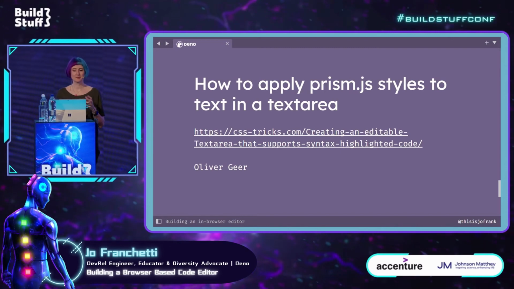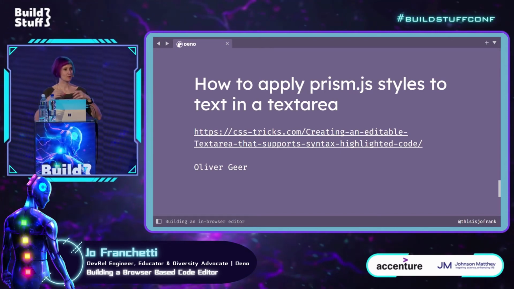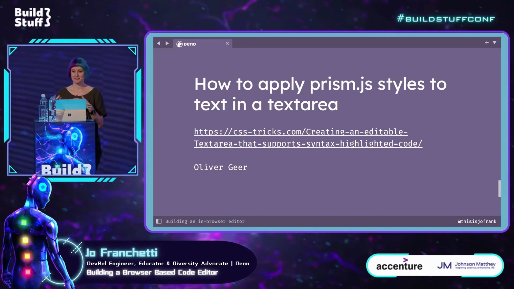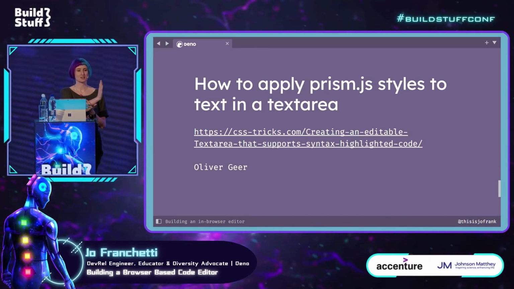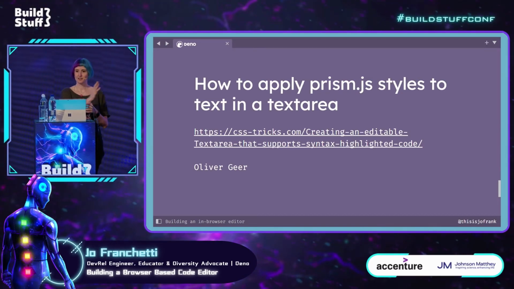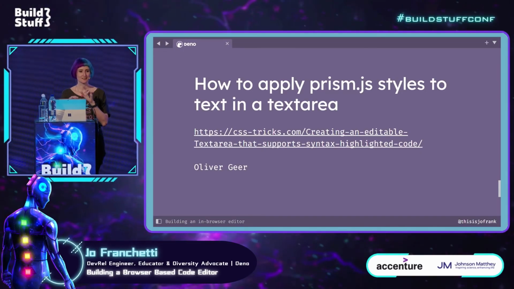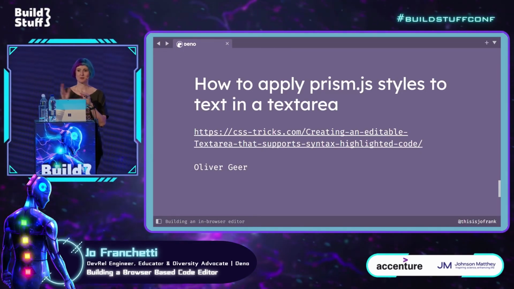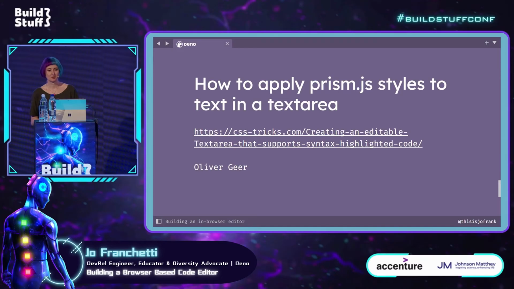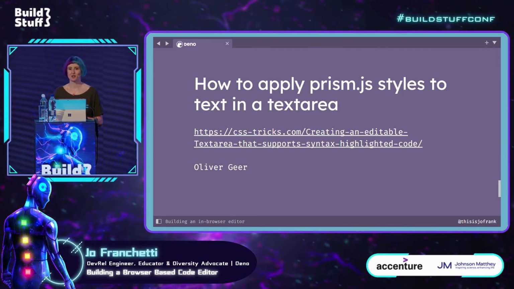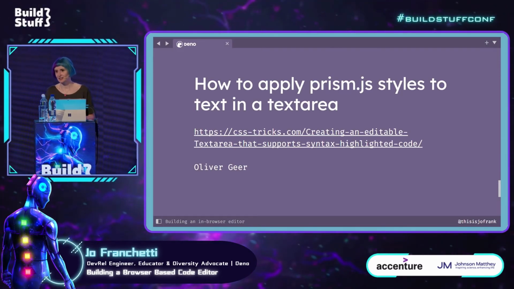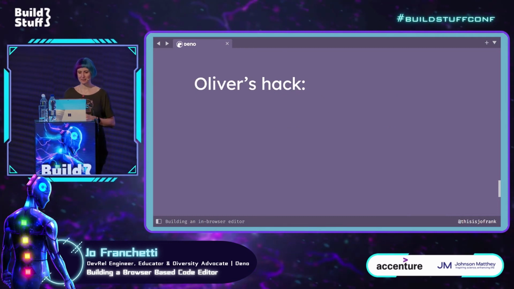But the problem that happens there is when Prism applies the spans and wraps all the text in HTML elements, the DOM manipulation causes the cursor to be moved to the start of the code. And that's a horrible experience for your editor who's started typing and then suddenly the cursor's moved back to the start. So we don't want to swap to a content editable element, but as I mentioned, text areas can only contain plain text. They can't contain HTML.